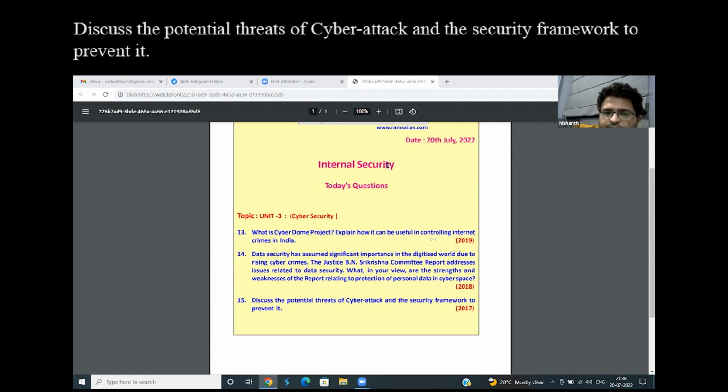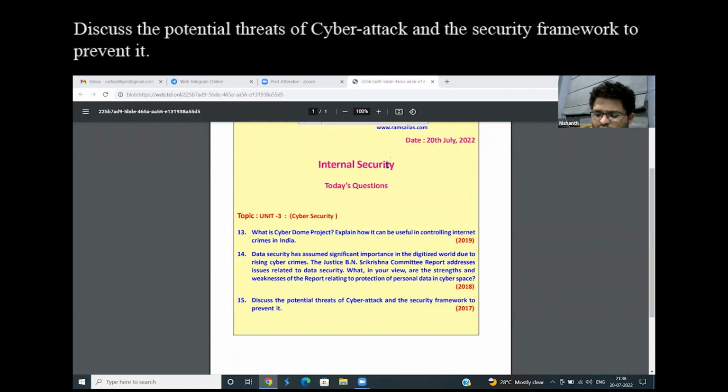You can explain the definition of cyber attack. Basically, a cyber attack is an attack through the internet or software, where some information from an organization or a person is taken away.